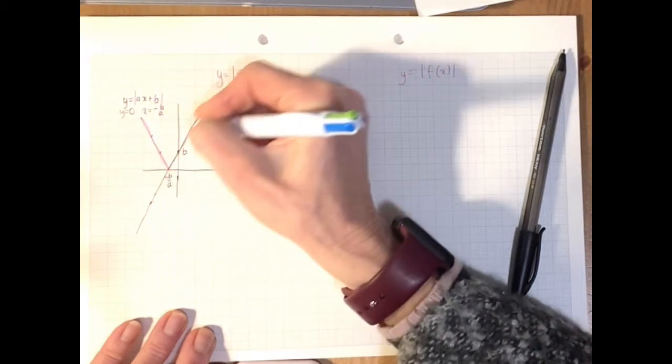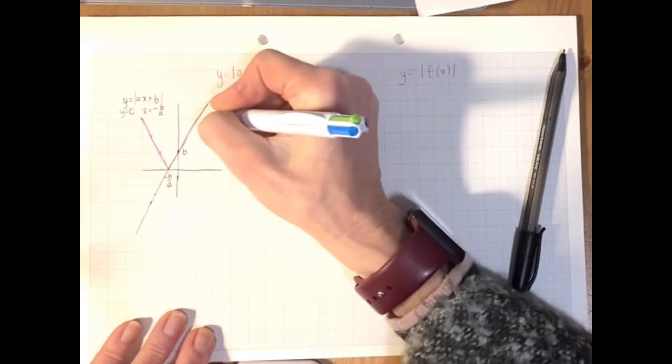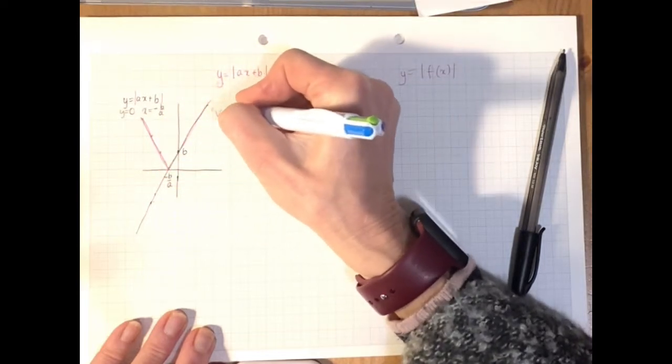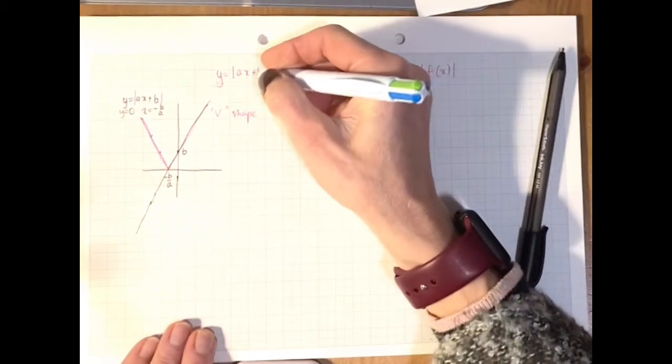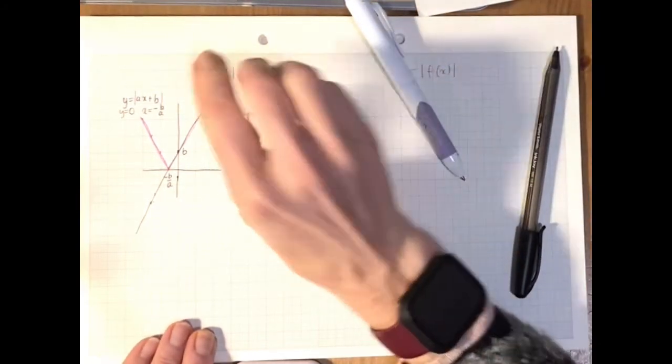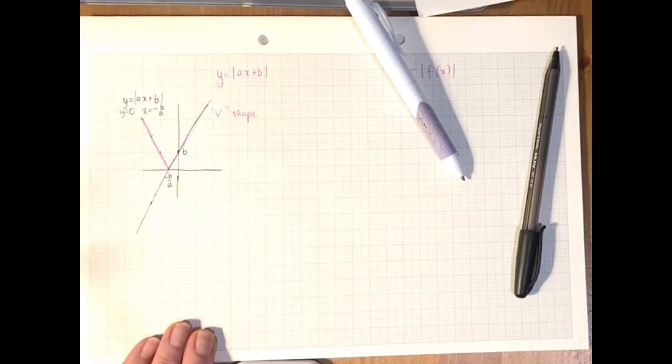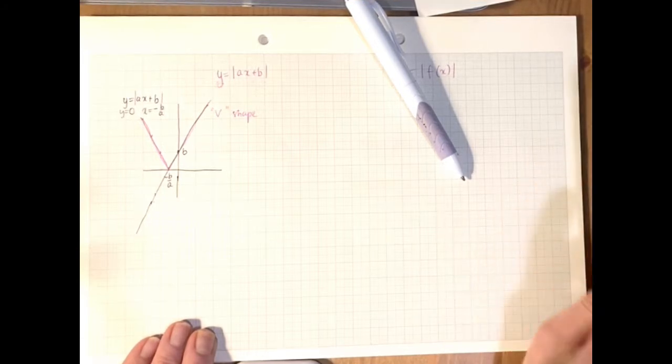So this is the V shape if it's a straight line that you've taken the absolute value of, the modulus of. So any straight line will always give a V shape.